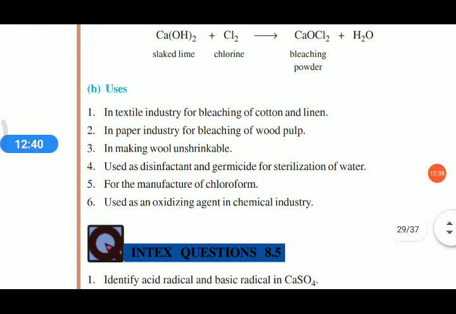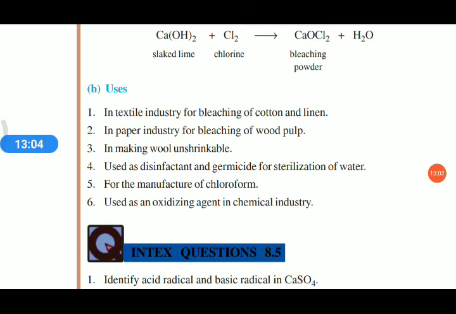Its uses: in the textile industry for bleaching cotton and linen to become white. In the paper industry for bleaching of wood pulp. Wood pulp contains many colors. By bleaching this, we get white paper. In making wool unshrinkable, used as a disinfectant and germicide for sterilization of water.